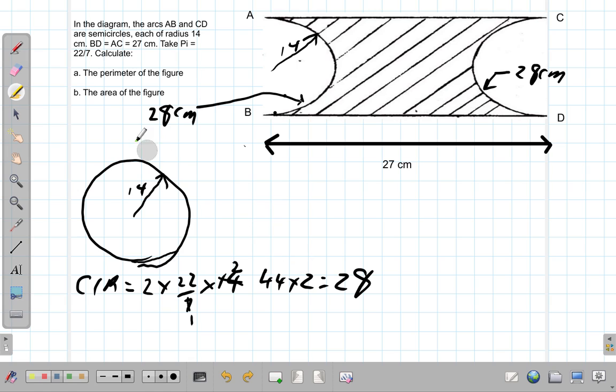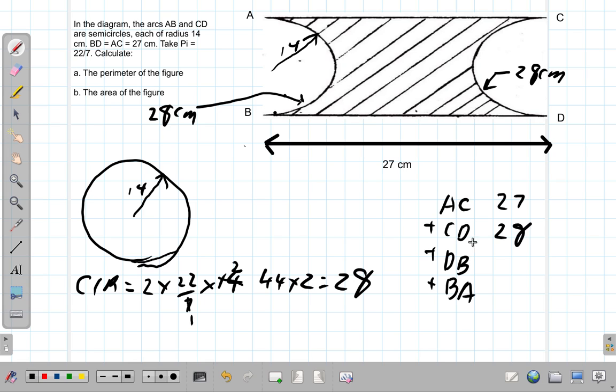So starting from A to C, we must add AC plus the arc CD plus D to B at distance plus the arc BA from B to A. Alright, so AC is what? 27 plus from C to D going around the arc is 88 plus B, D back to B is 27 plus this arc here is going to be 88. So we add these up.